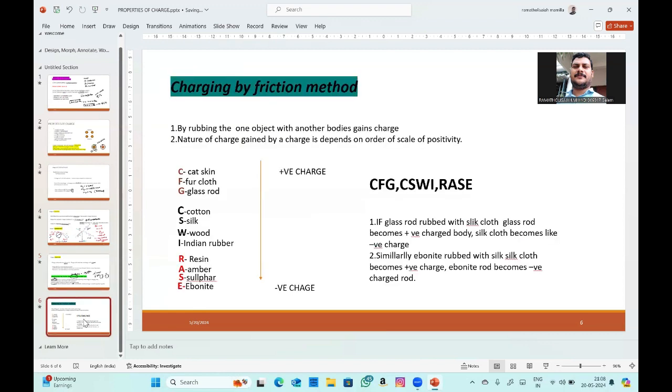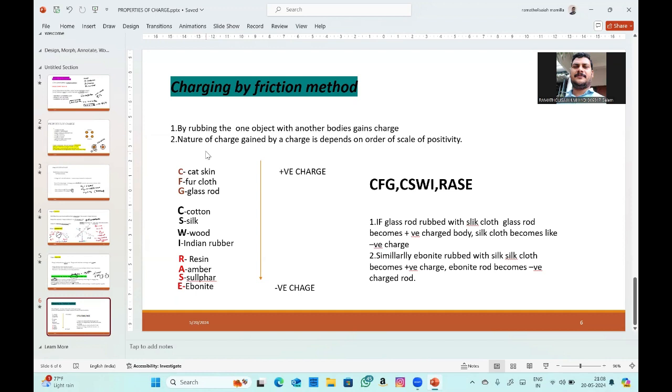Coming to the next method of charging, friction. In friction, two bodies are rubbed. In this process, which one is positive and which one is negative? To find out, there is actually the gold leaf experiment.